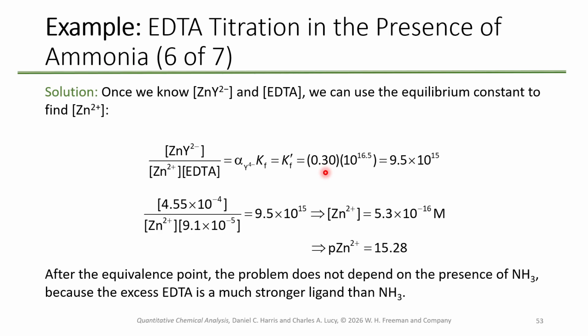Okay. And so we go ahead and solve. So we divide over, multiply, and we get zinc on its own. And that's going to give us 5.3 times 10 to the negative 16. We take the negative log of that, and what number do we actually get?